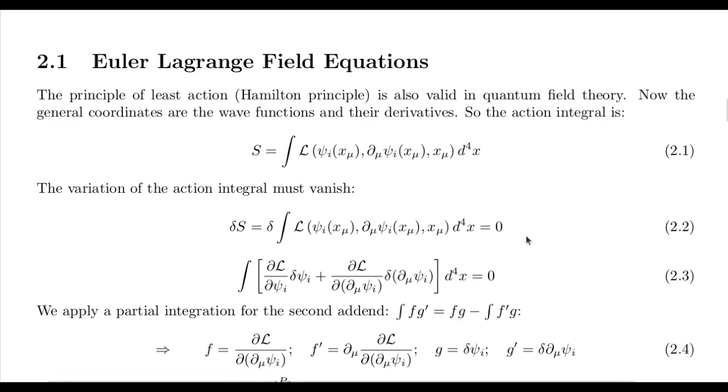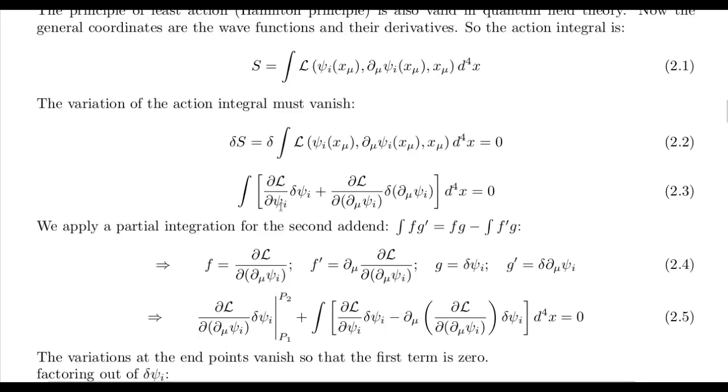And now we carry out the variation. That means we have to differentiate L with respect to the independent coordinates, to psi here, and to the derivatives of psi here. And we have to write here delta psi and delta d psi.